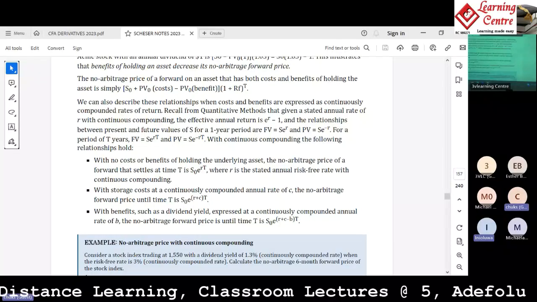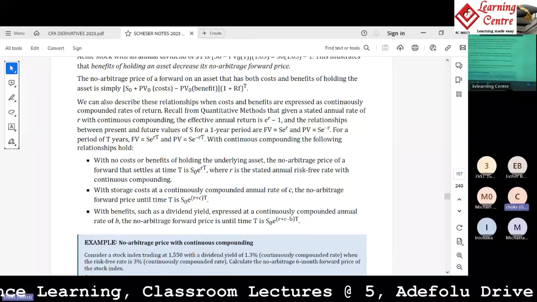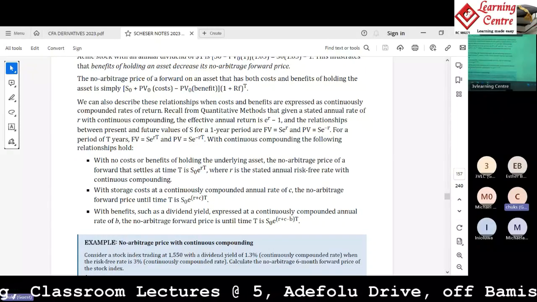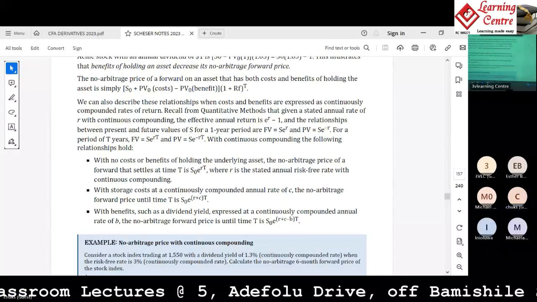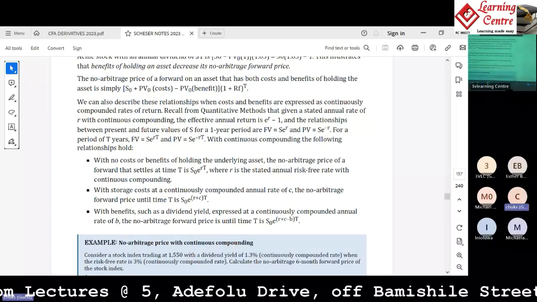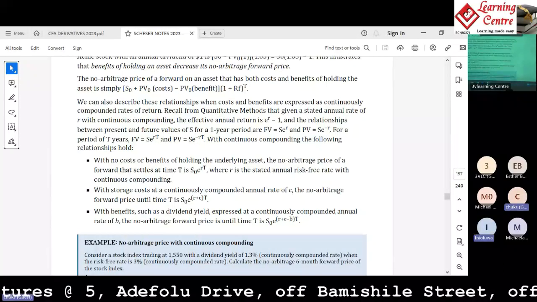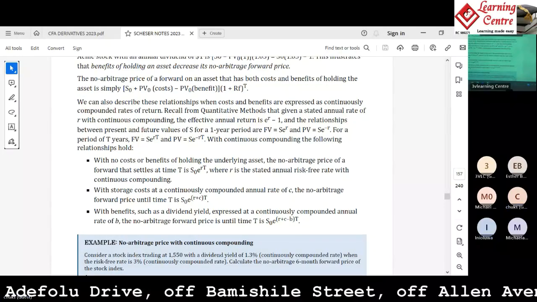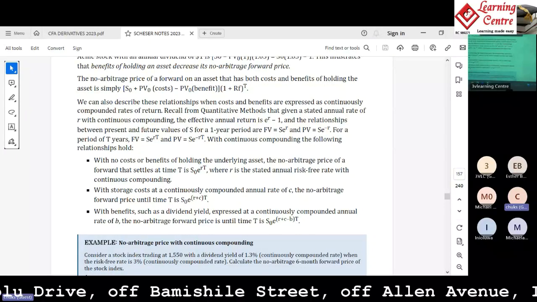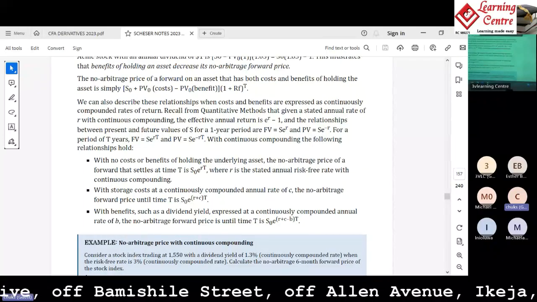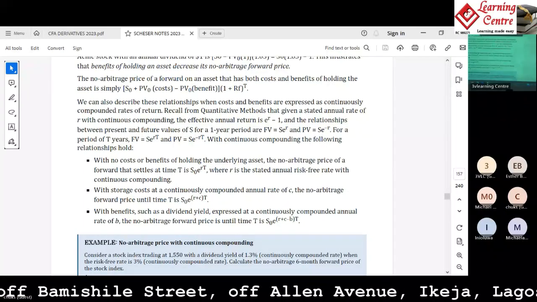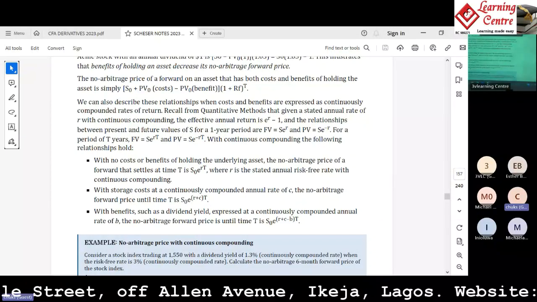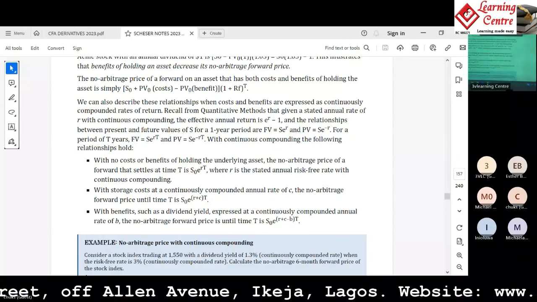I don't want to confuse you with having to learn too many formulas. So I just want you to stick with the discrete one, which will take you to the destination, basically. The options you will have will be 1563. They won't give you options with decimal places. Do you understand? Whether you use this or the other one, you are still in the same line.